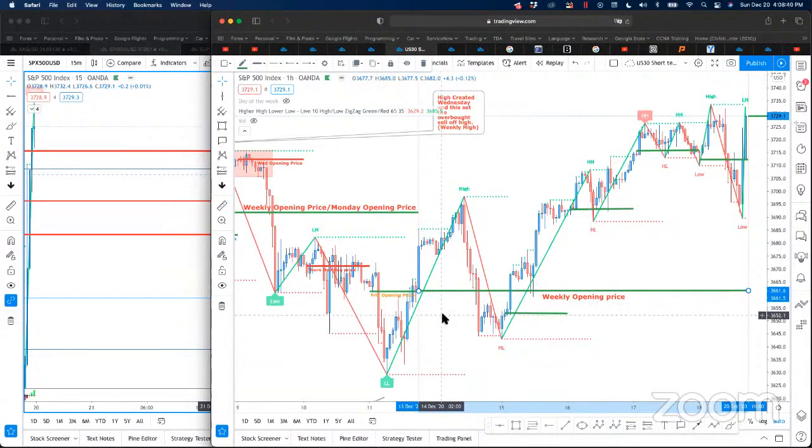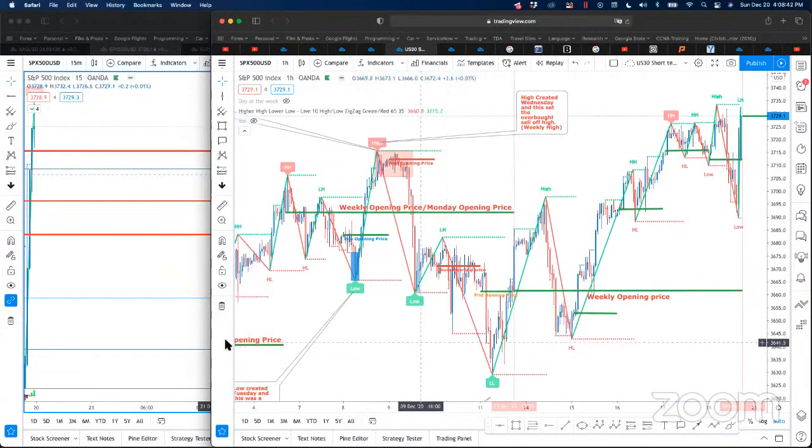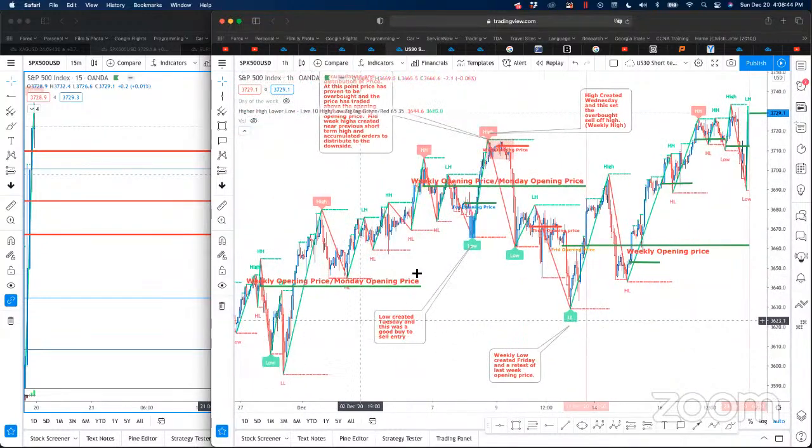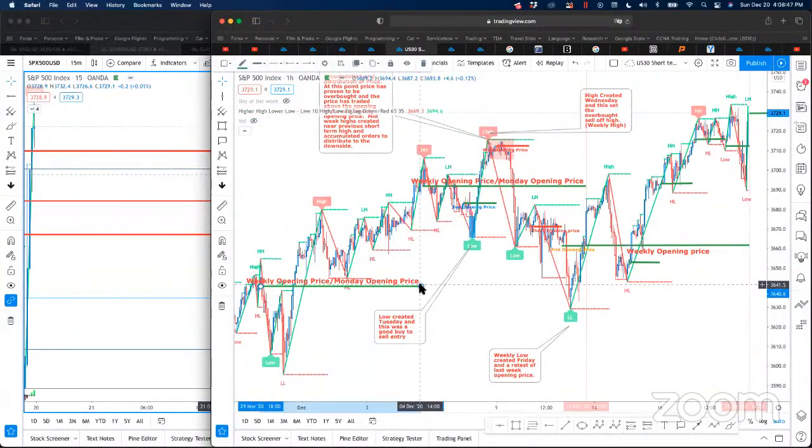So we know we're bullish, and we know the same situation. We were trading near a weekly opening price down here. So what does that tell us? We've got a potential to reverse from here, right?